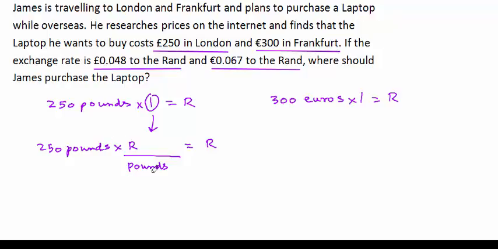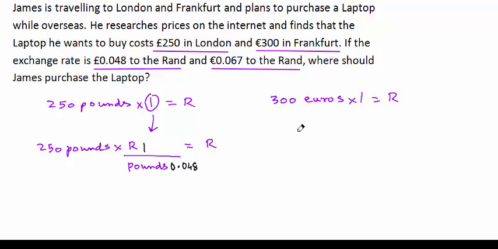The units cross off pretty much just like numbers in fractions, and you are left with a rand. And it's given that it's 0.048 pounds to the rand. So if we have a 1 over here, we have 0.048 over here. That's to say 0.048 pounds is equal to 1 rand.